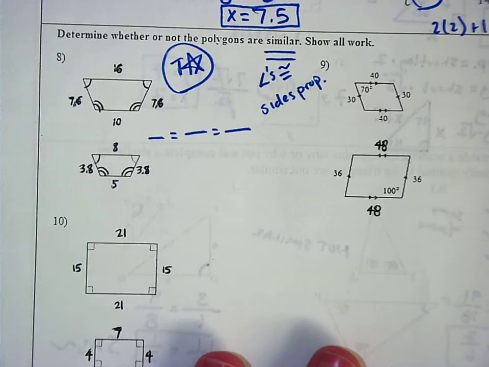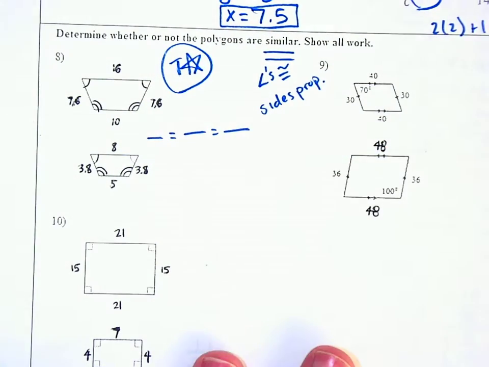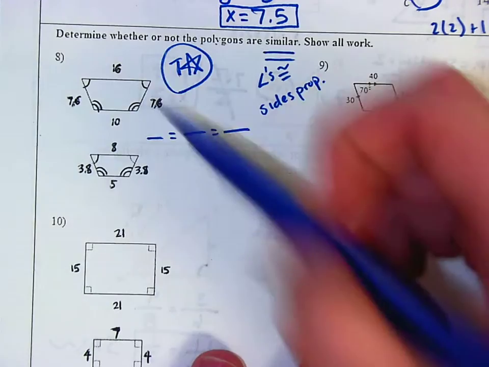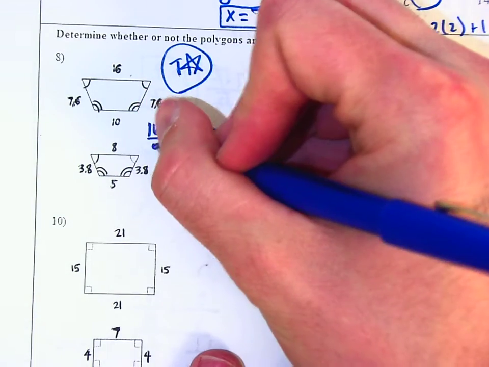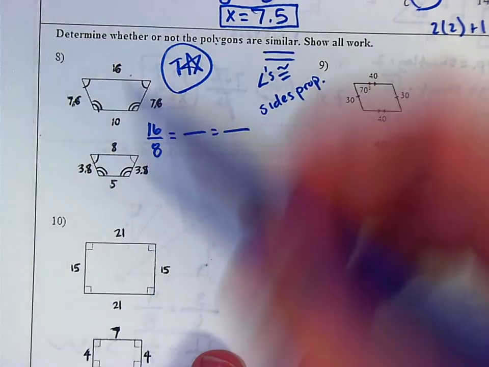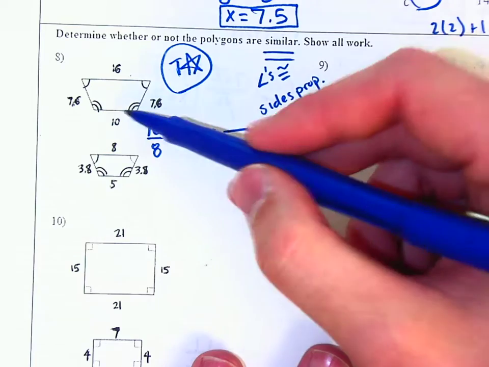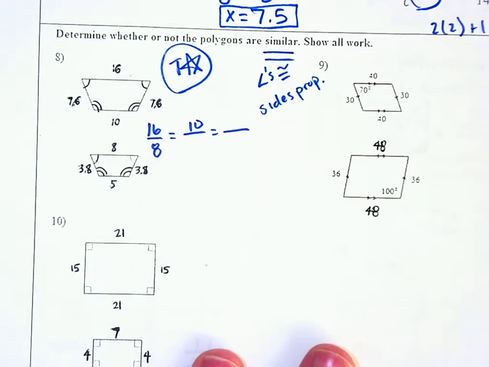And when I do same with same, I'm going to do top over bottom every time. Well, let's start with the long side on top, 16 over the long side on bottom, 8. The bottom side on top, which is 10. That's kind of hard to describe.